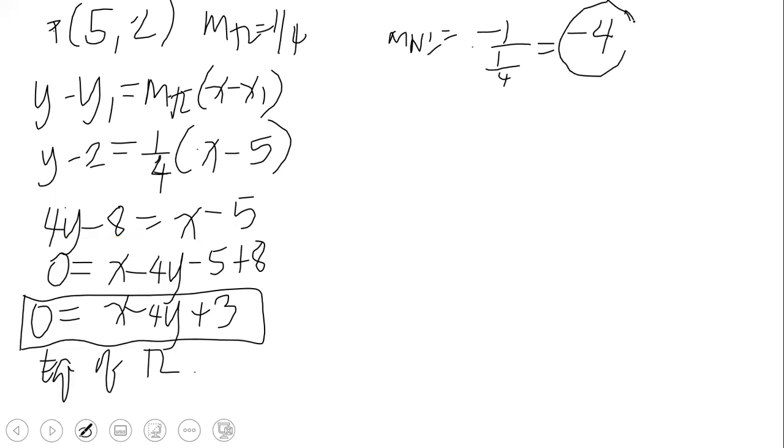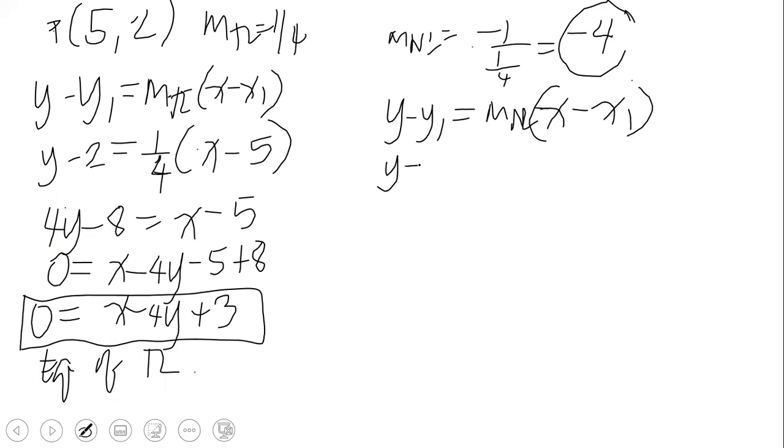We now proceed to the point slope form, y minus y sub 1 equal to the slope of your normal line times x minus x sub 1. Same process again. That will be y minus 2 equal to negative 4 times x minus 5.